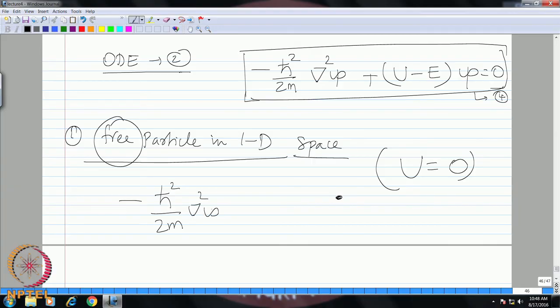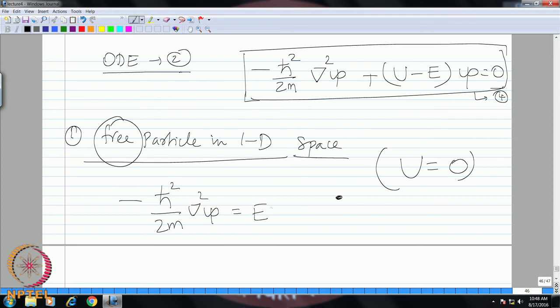Exponential function of time. Now, the ODE becomes much simpler. We have del square psi equal to, sorry, so we have this is equal to, I am sorry, use E psi. So, u is equal to 0.